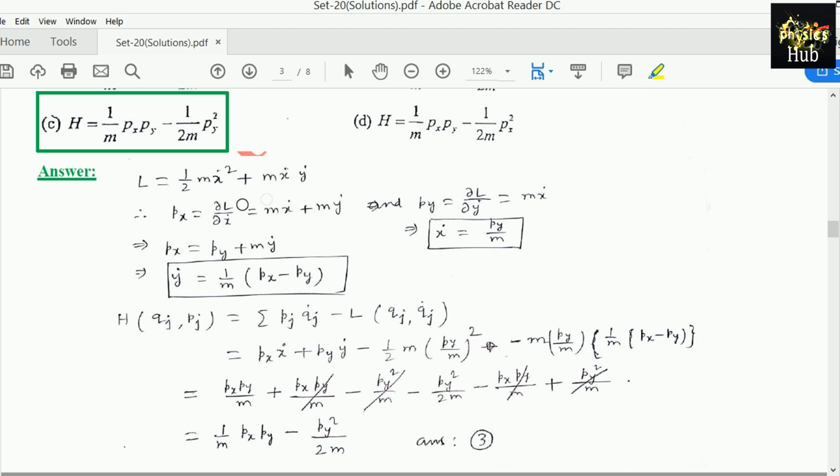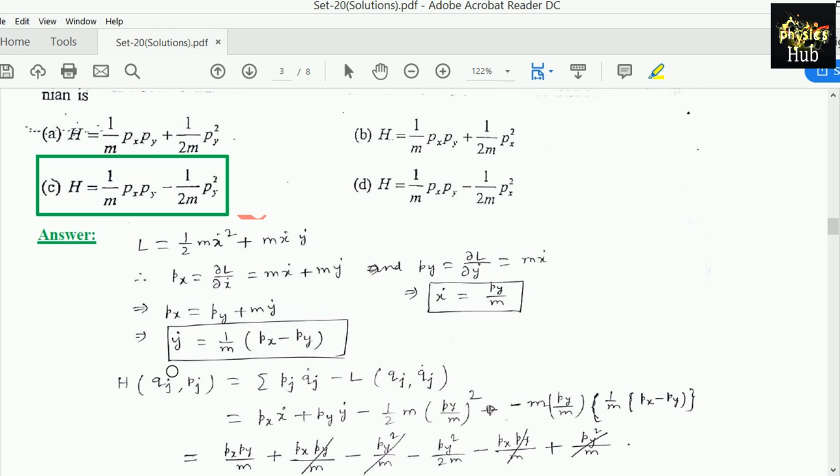Here it is written in terms of x dot and y dot. But Hamiltonian is a function of position and momentum, not of velocity, so in the Hamiltonian there should not be any velocity term.